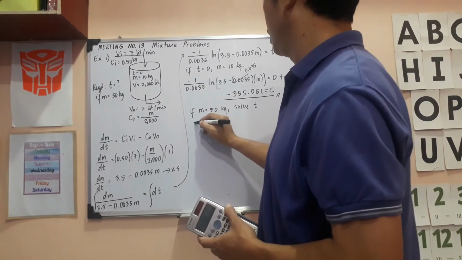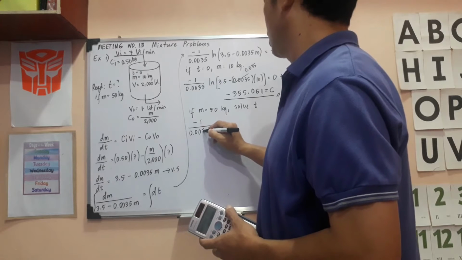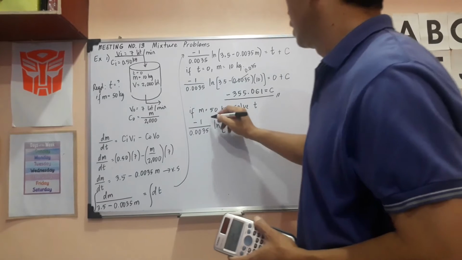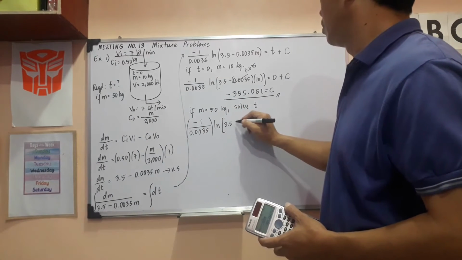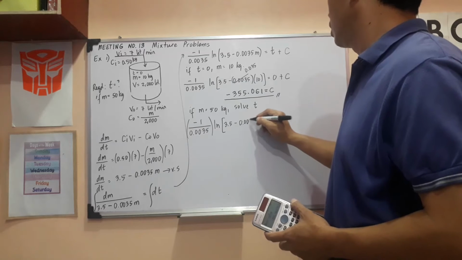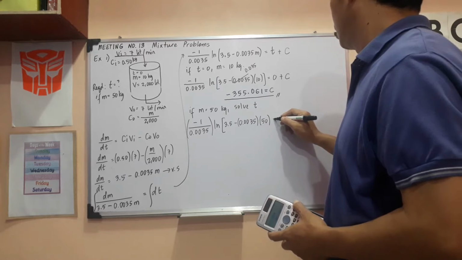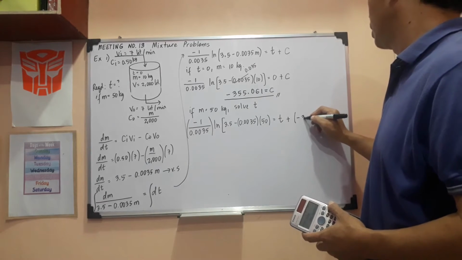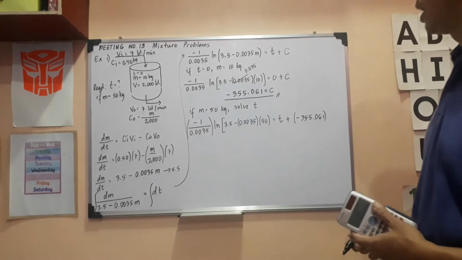From here, negative 1 all over 0.0035 and then ln, so this is multiplier, 3.5 minus 0.0035, this is now 50, and then our t is unknown, plus our c is negative 355.061 na nasolve natin kanina.